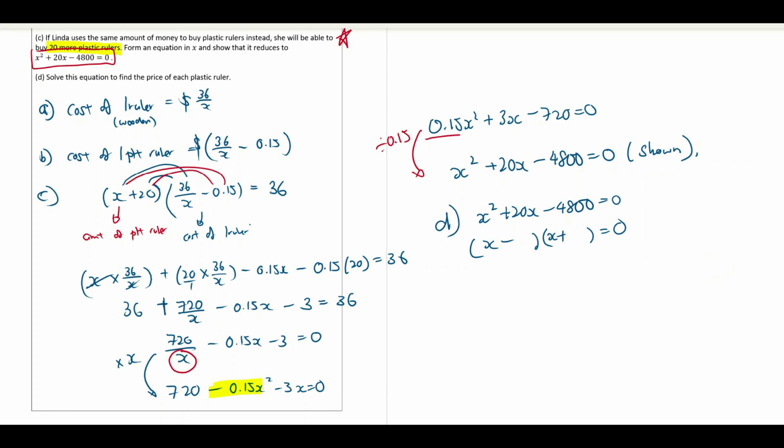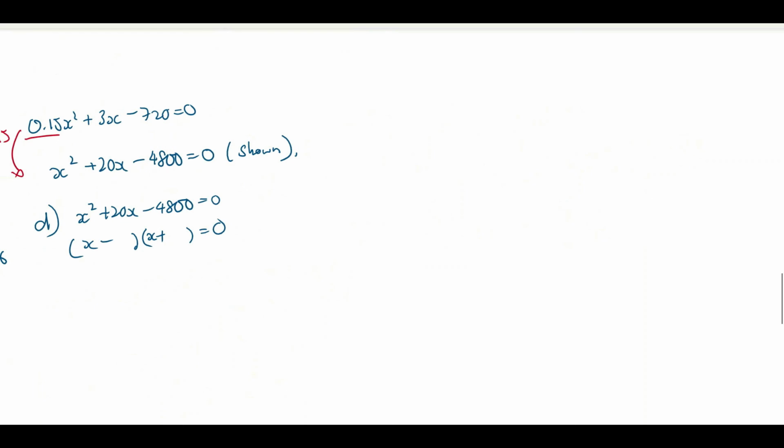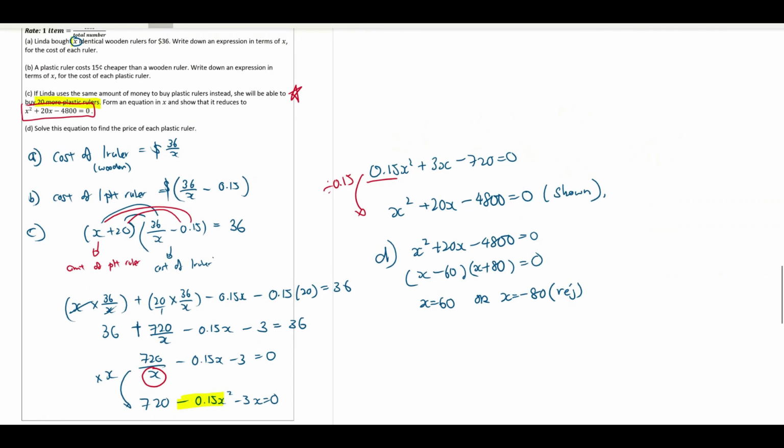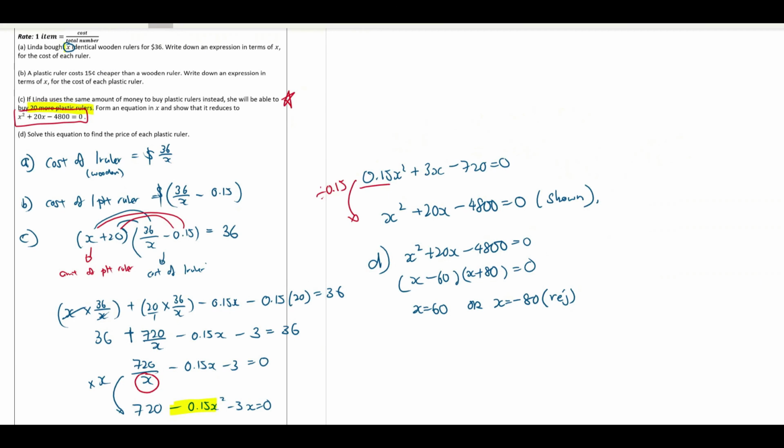Just take out your calculator and do it. So you have (x minus 60)(x plus 80) equals 0, x equals 60, or x equals negative 80. The one that is negative 80 got to be rejected because x is the number of wooden rulers. So you have found that x is equal to 60. So what is the cost of a wooden ruler?